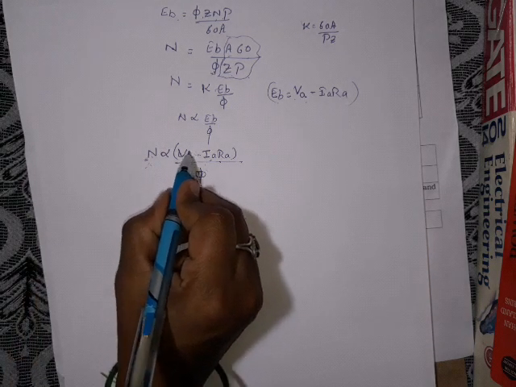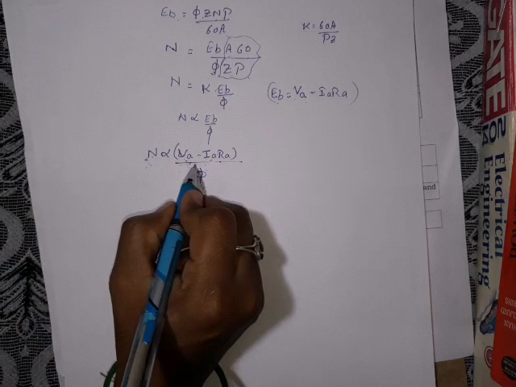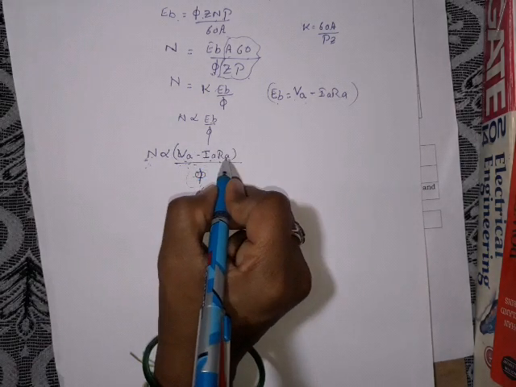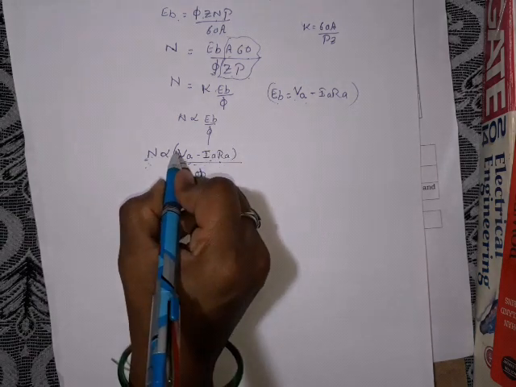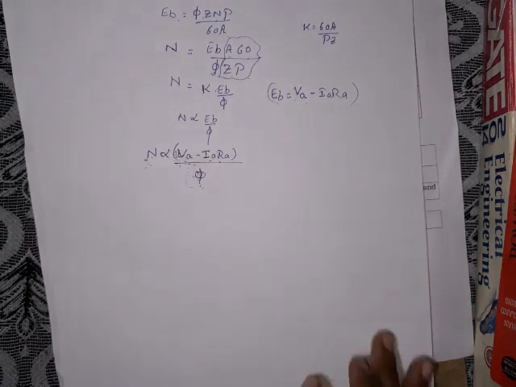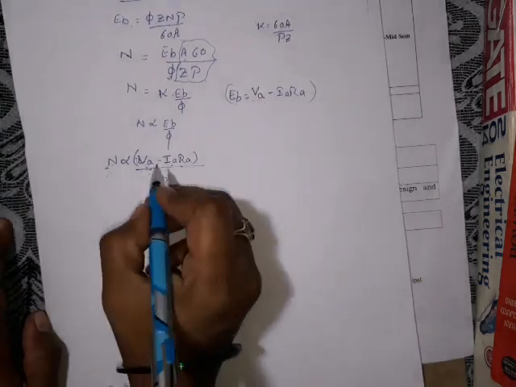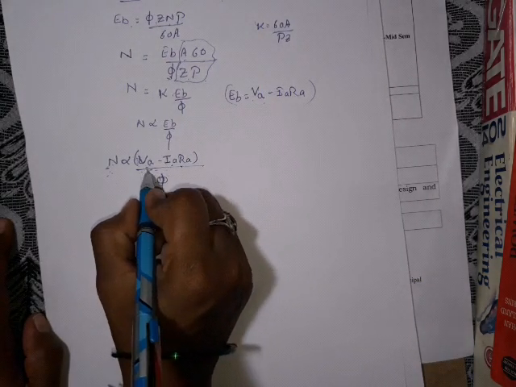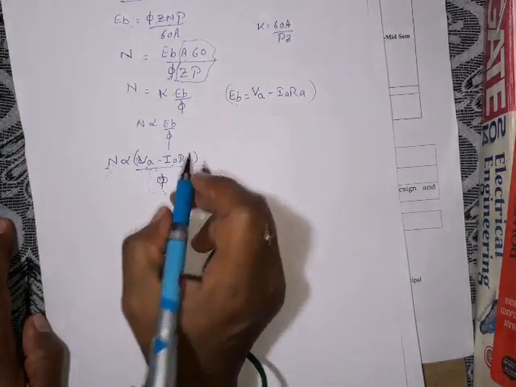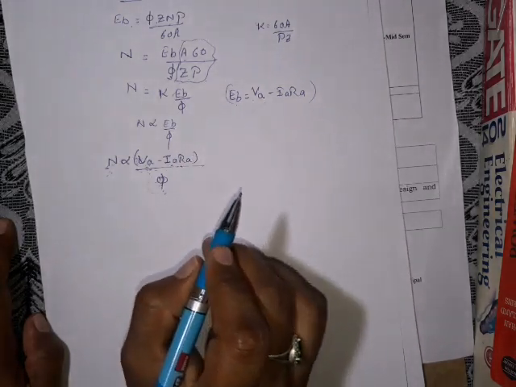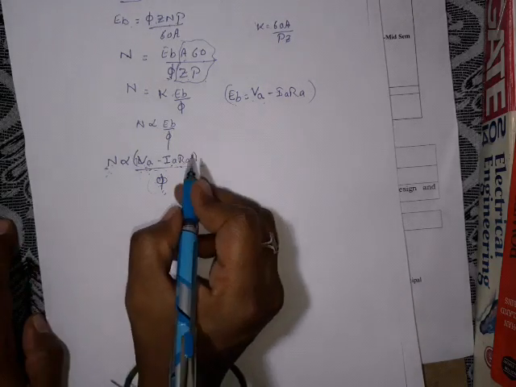And see here, VA, armature voltage. VA minus IARA. IARA is not in our hand. So if you increase the value of VA here, keeping this as constant, let us assume this is constant. Even it might vary, we don't bother about it.